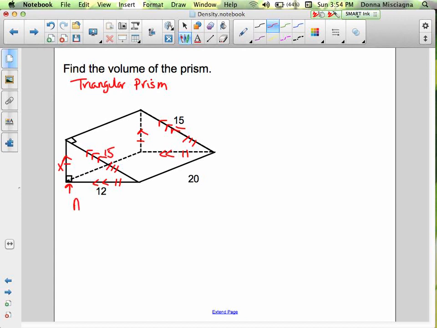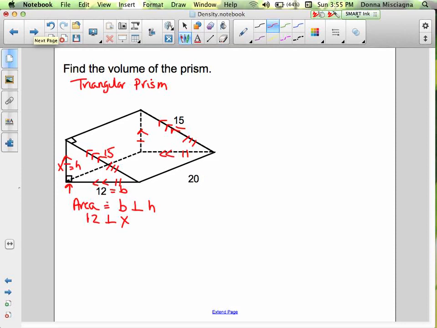When we're calculating area, the base has to be perpendicular to the height. So 12 here will be the base, x will be the height, and that's because the 12 is perpendicular to that side that says x.